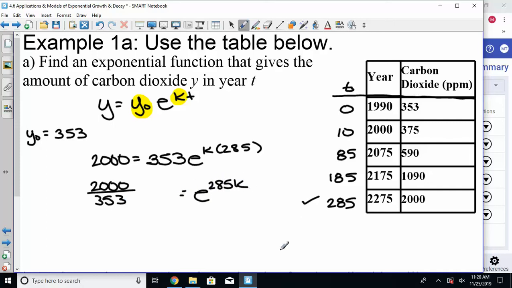Okay, so if I'm trying to find k, what would I do now? How do we solve these exponentials when you need to get the exponent? We put an ln on each side.